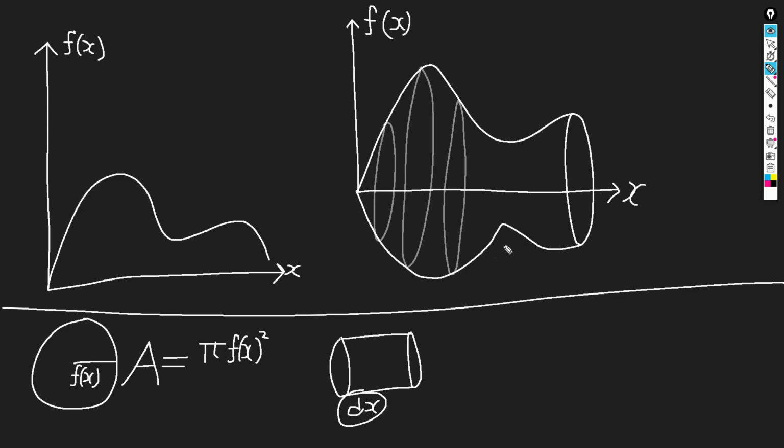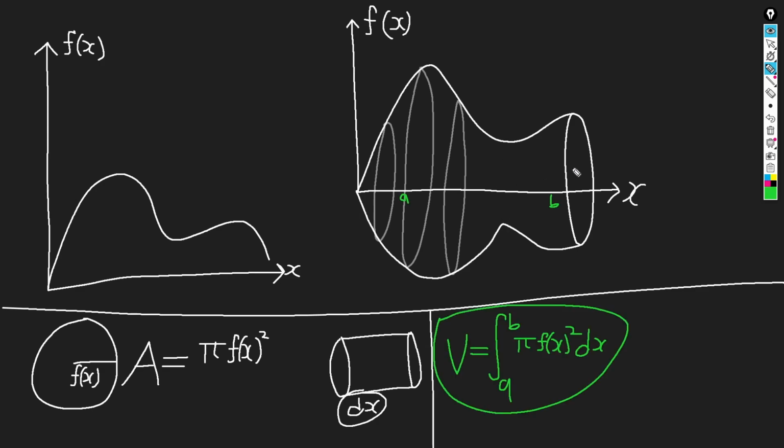Since ideally we would do this an infinite number of times to get the actual volume. So the volume of this solid from an interval AB would be this integral down here. All I'm really doing here is just introducing the idea of cutting a solid into an infinite number of slices and then adding them all up to get the volume.